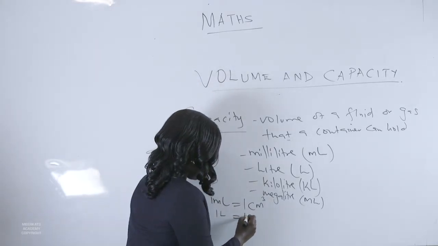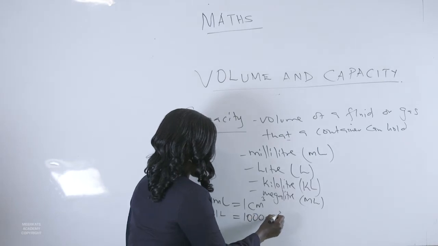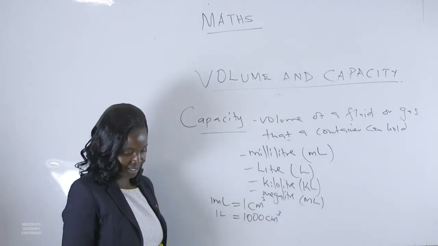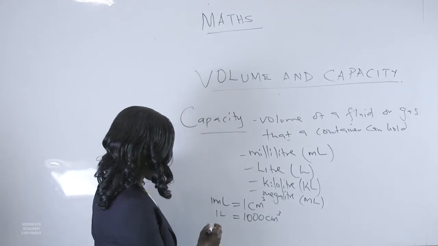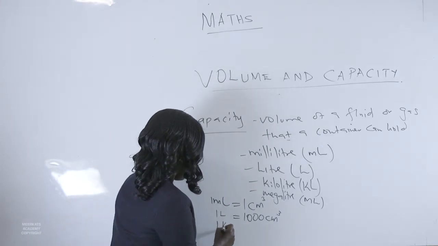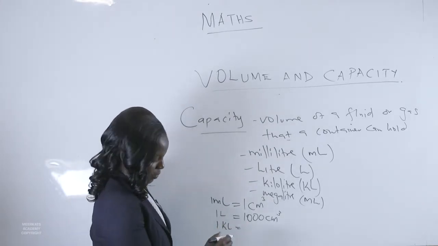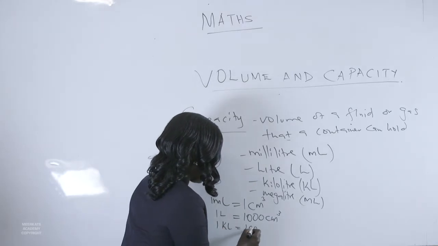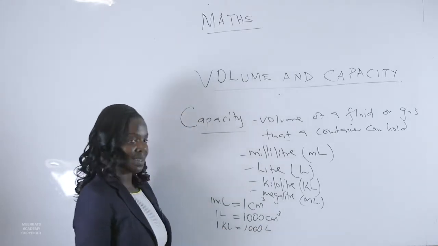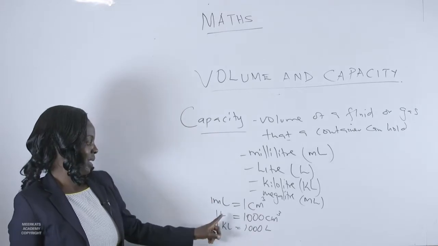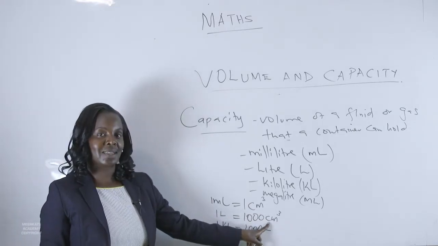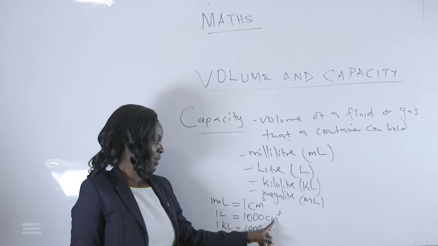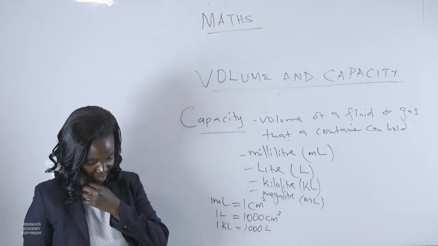And 1 liter is the same as 1,000 cubic centimeters. 1 kiloliter is equal to 1,000 liters, and 1 liter is equal to 1,000 cubic centimeters.